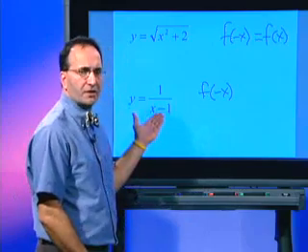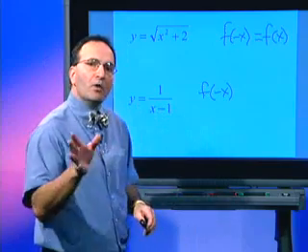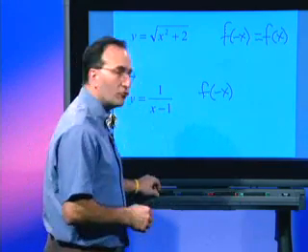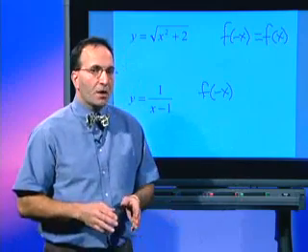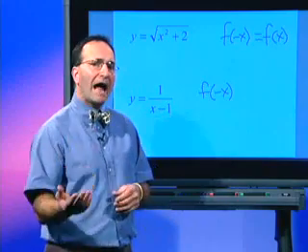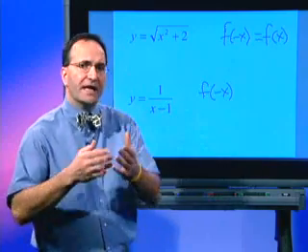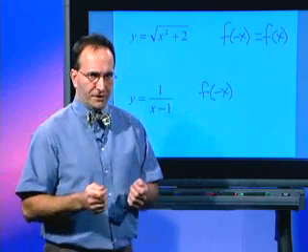Therefore, this particular function has neither type of symmetry. Now, we will also note that the graph of a function that has even symmetry will be symmetric about the y-axis, and the graph of a function that has odd symmetry will be symmetric about the origin.